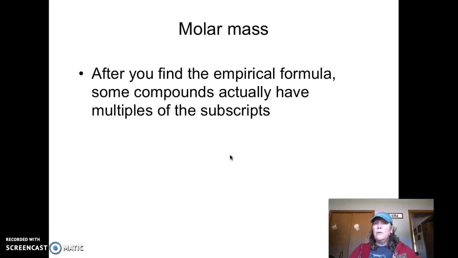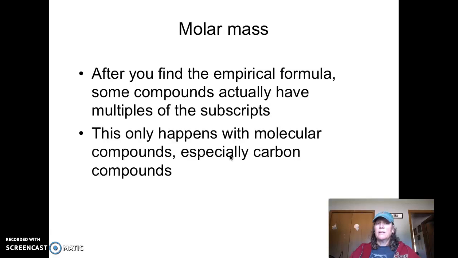The empirical formula is the simplest formula, the smallest subscripts, but it might not be the actual compound for that substance. This only happens with molecular compounds, especially carbon. You can have CH4, you can have C2H8. They're made out of the same substances and the proportions are the same, but they're different compounds. So organic compounds do that. That's why we have so many of them.